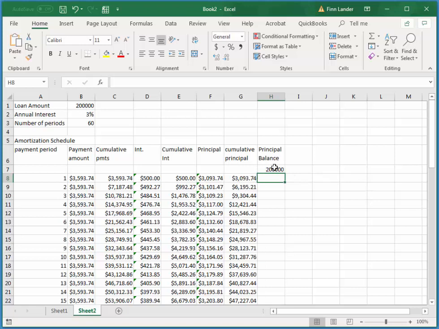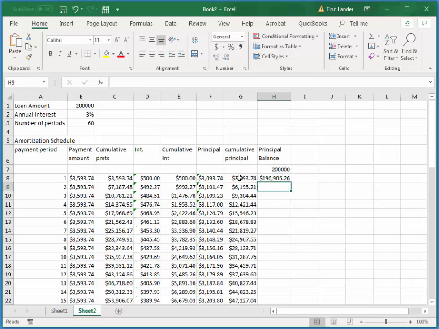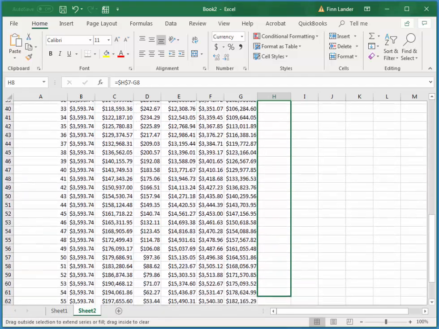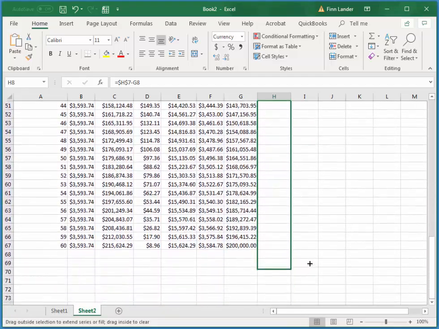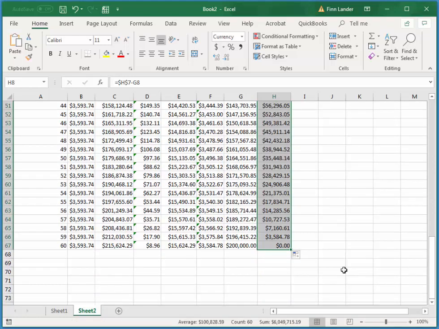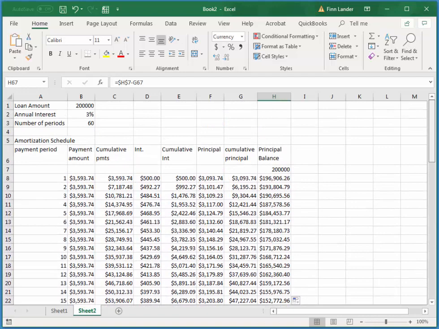So we have to make that absolute. So equals that F4 minus that. So it's easy to see how much left we have. And it should be 0 for the last line. So that's basically an amortization schedule. Thanks so much for watching.